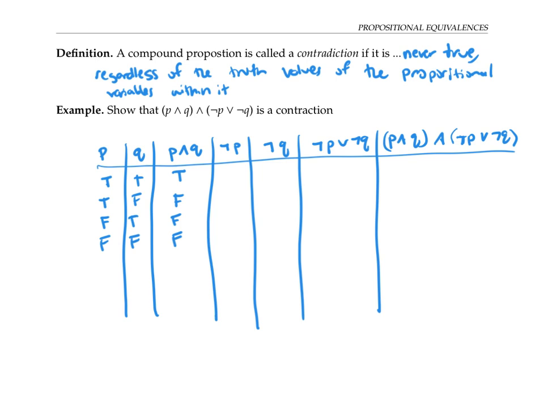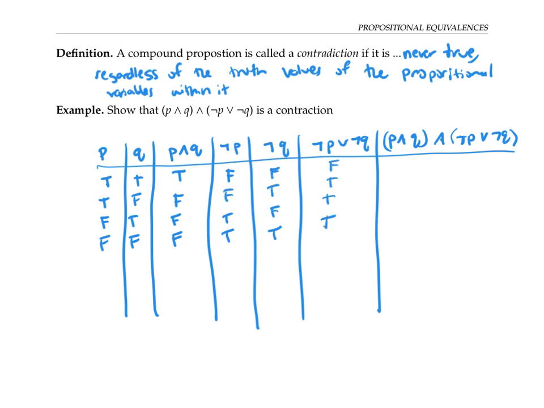Not P flips, I'll just flip the truth values for P. Not Q has the opposite truth values as for Q. And now not P or not Q, that's false for this first row and true for all the other rows.